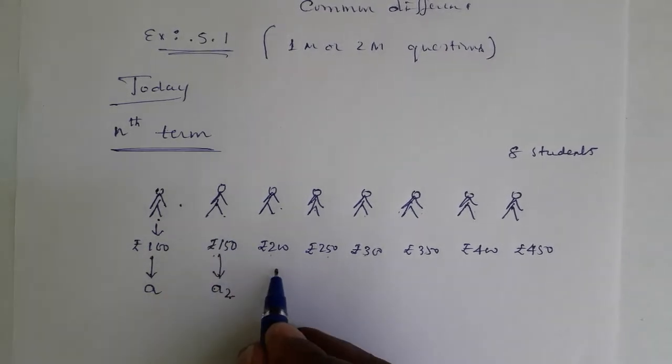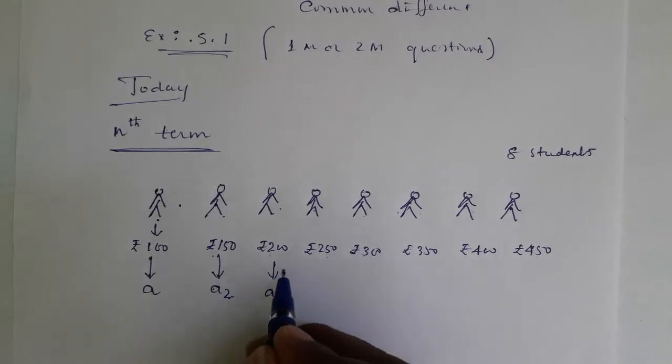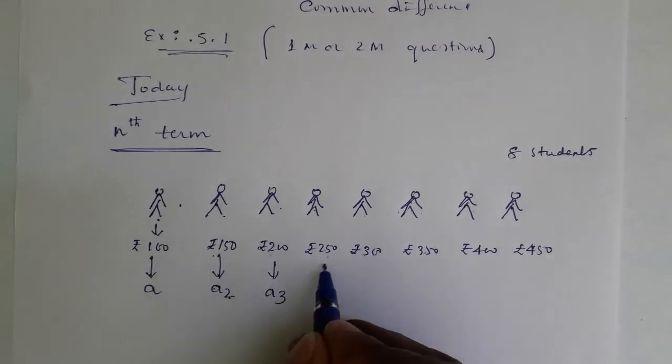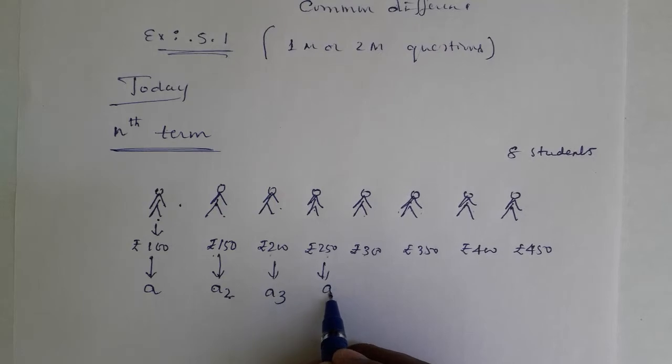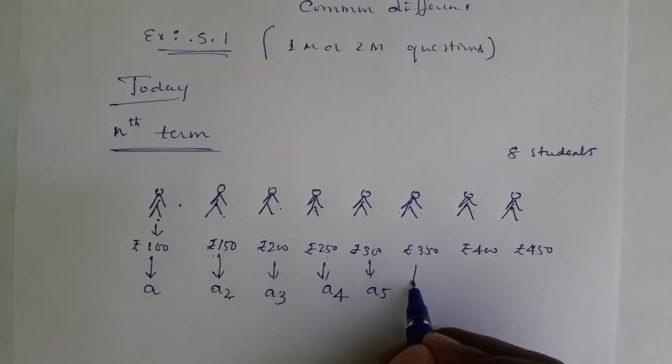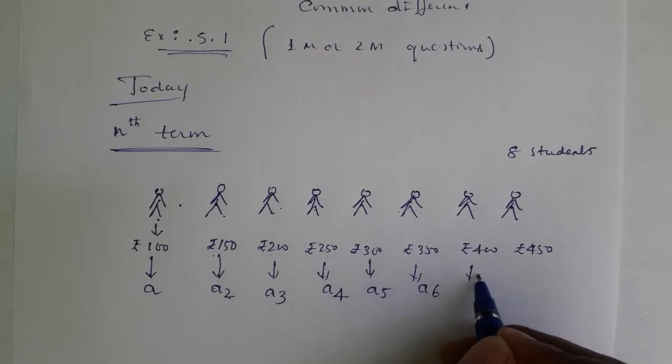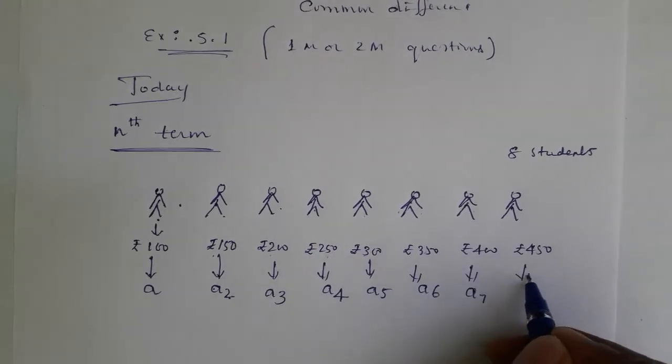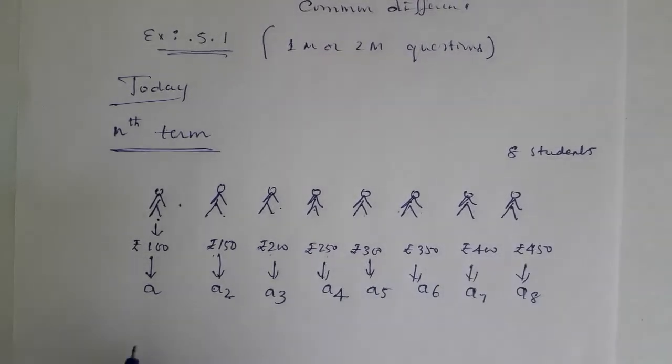The third standing man is A3. The fourth standing person is A4. The fifth is A5, sixth is A6, seventh is A7, eighth is A8. Totally 8 students are standing in a row, named A1, A2, A3, A4, till A8.